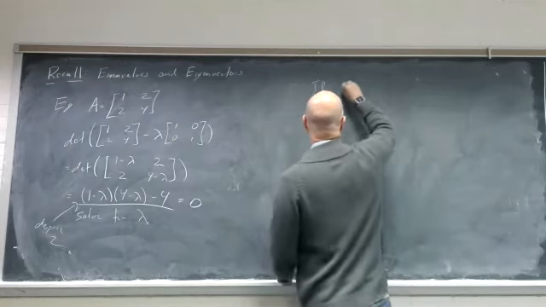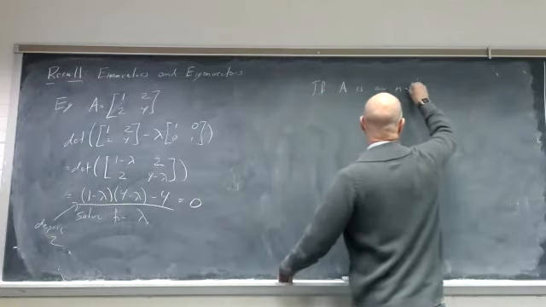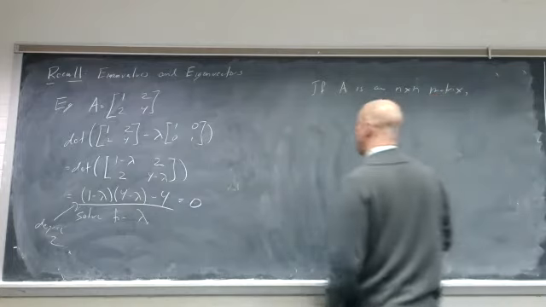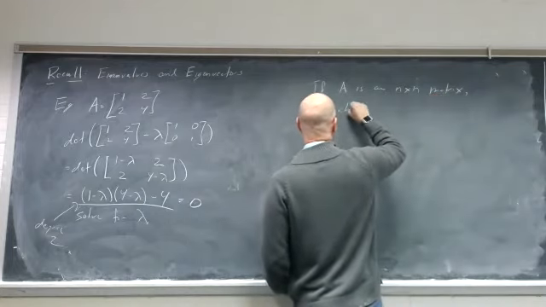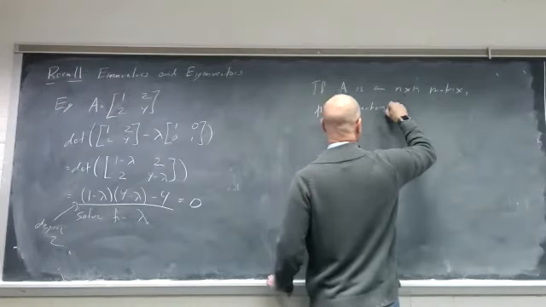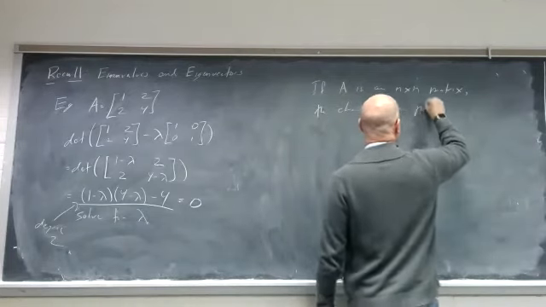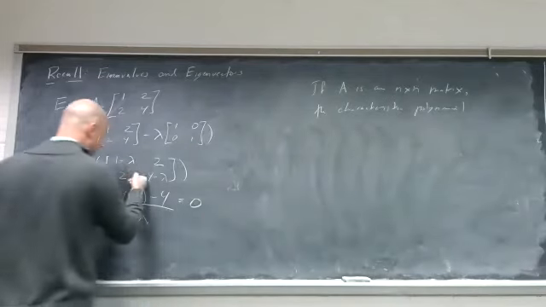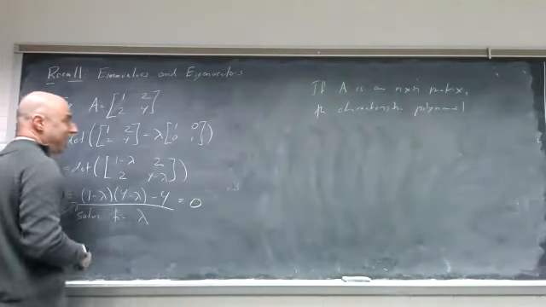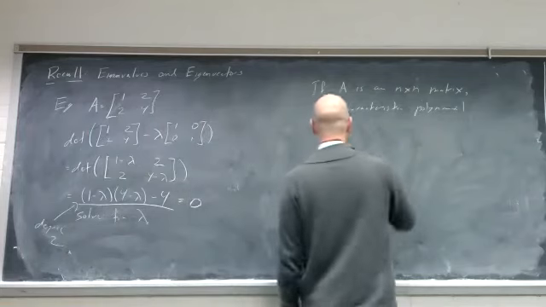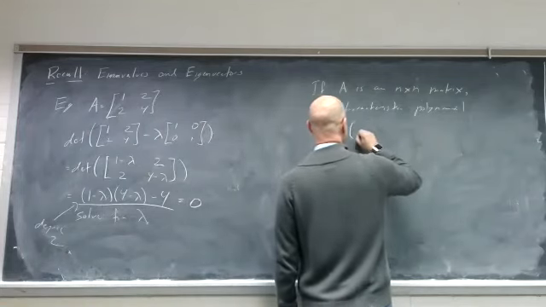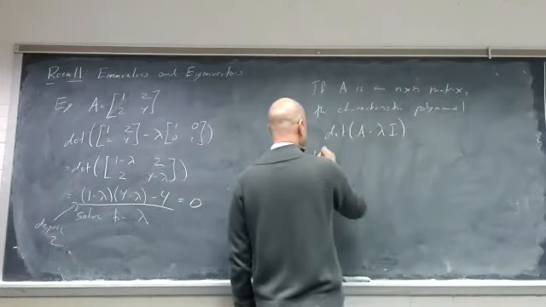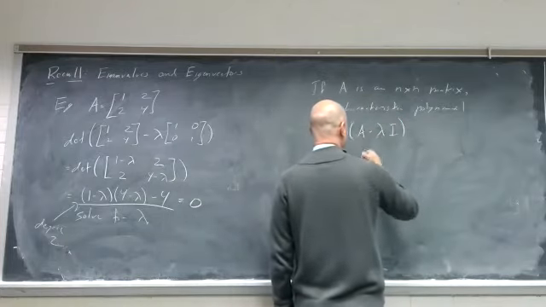If A is an n by n matrix, the characteristic polynomial, basically, since you have a lambda on each of the diagonal entries, no lambdas off the diagonal entries, the determinant of A minus lambda times the identity is an nth degree polynomial.